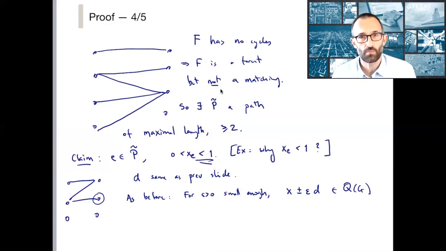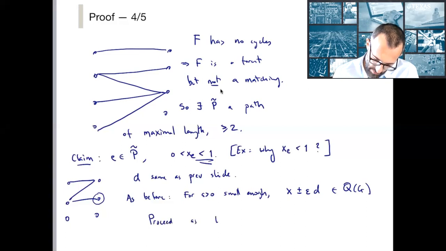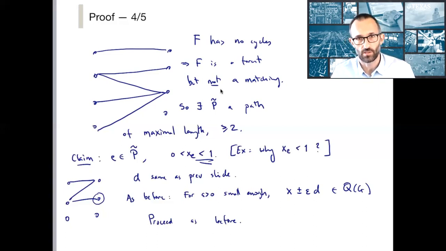So now the rest of this case proceeds as before. So we proceed as before and invoke the induction hypothesis. Namely, we choose epsilon 1, epsilon 2, so that x plus epsilon 1 d or x minus epsilon 2 d is going to have support strictly less, and so on. So our induction hypothesis applies.